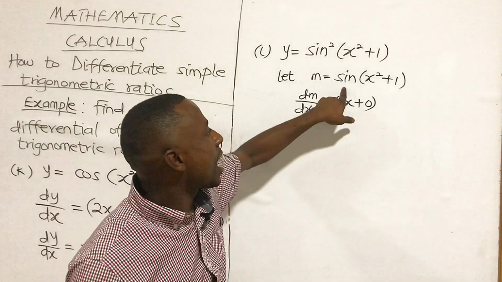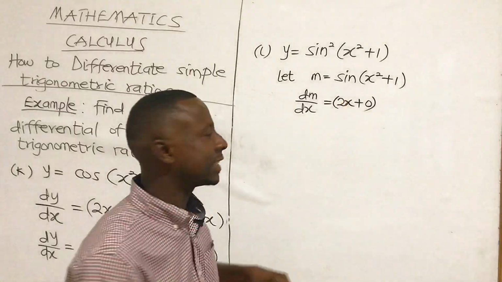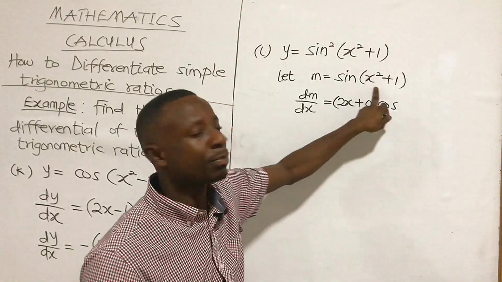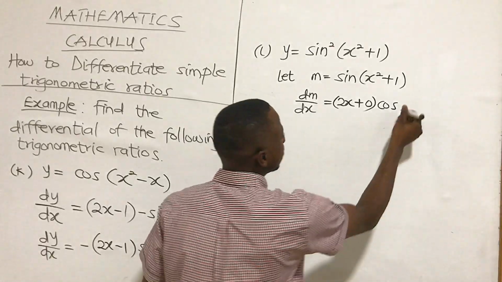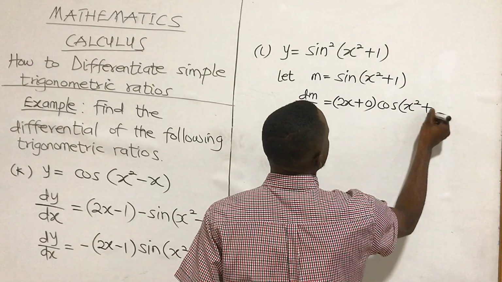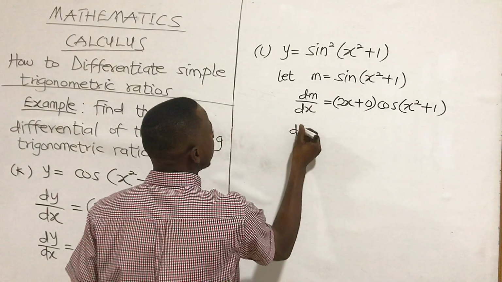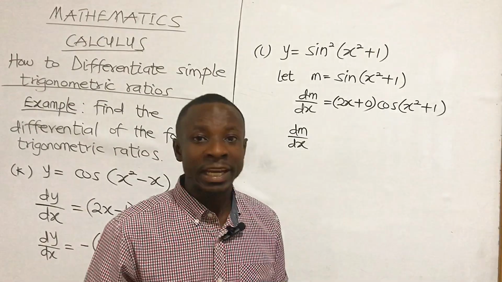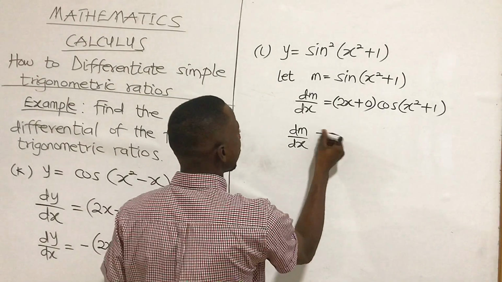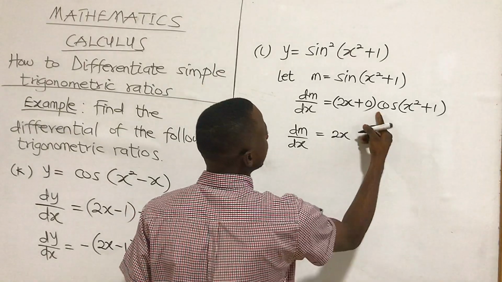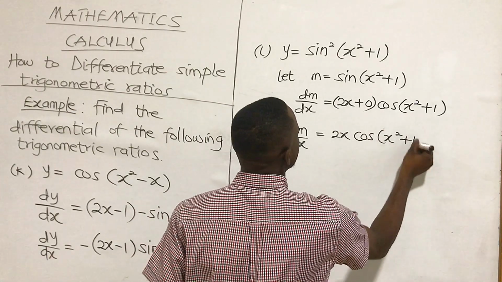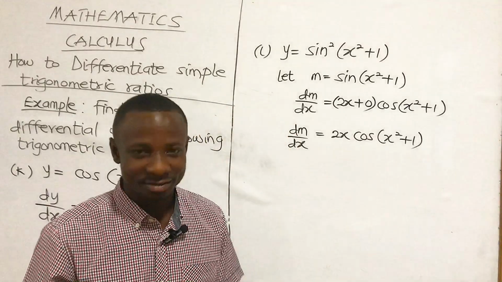From here, I have to differentiate the sine itself, and I have cos multiplying the function, so multiplying x squared plus 1. So I have dm over dx to be 2x multiplying cos of x squared plus 1.